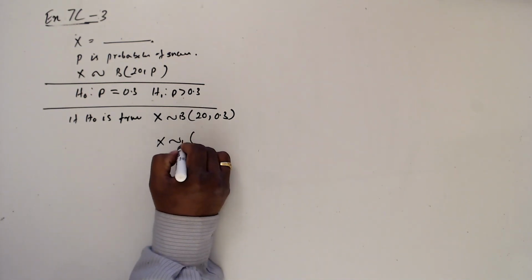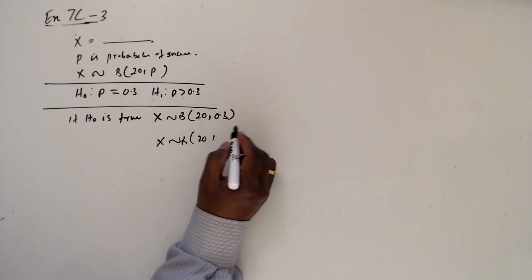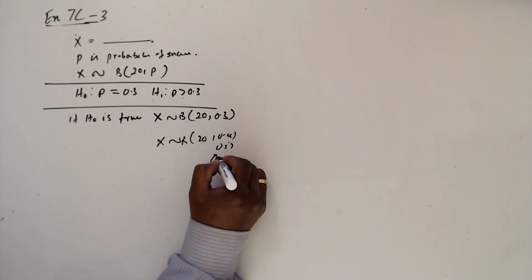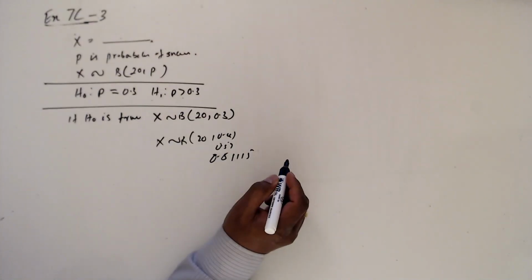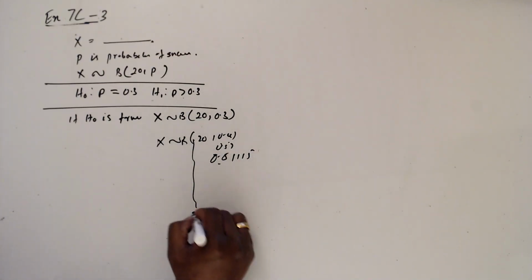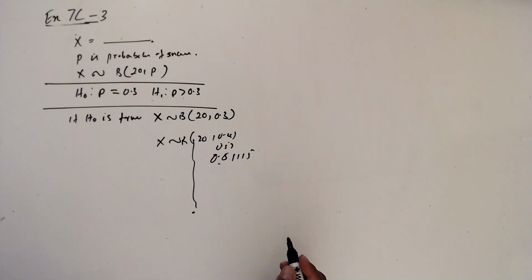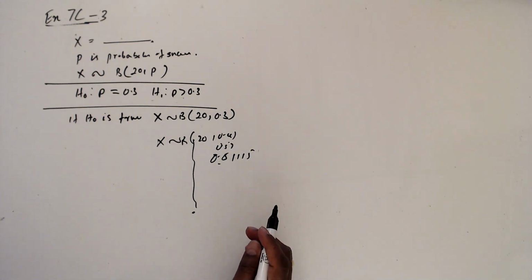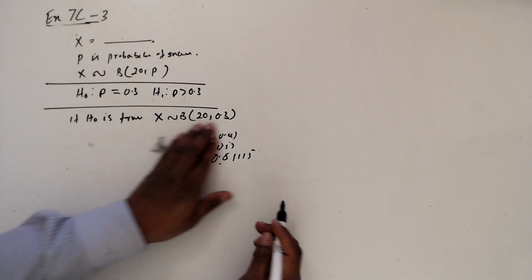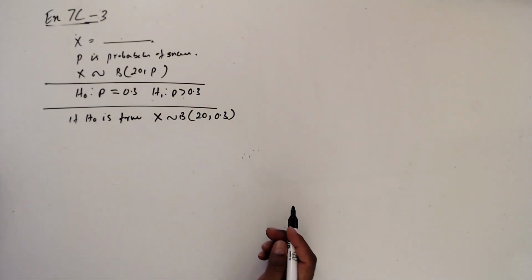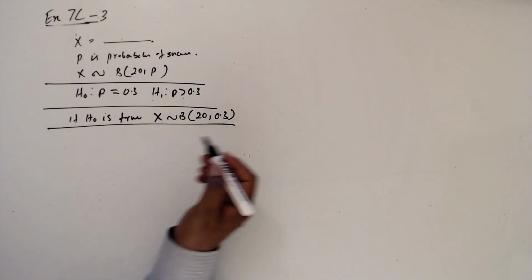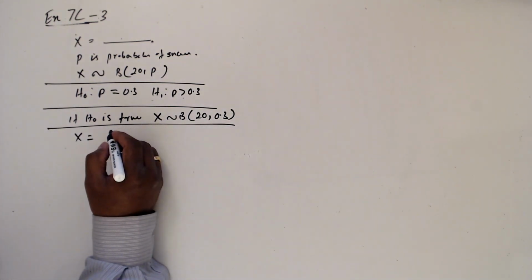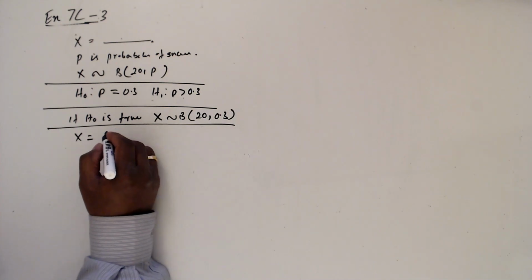Then X follows some other greater value, maybe 0.4, 0.5, 0.5115, likewise one of an infinite number of options. Then the calculation. The observed value is going to be 10.